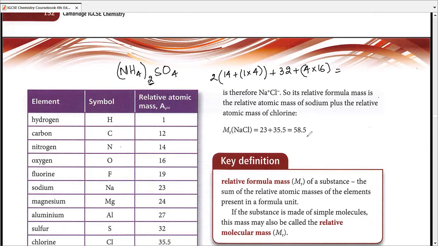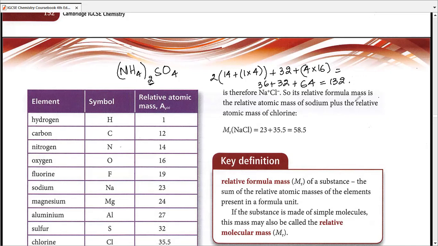That's how we are supposed to do it. So 4 plus 14 is equal to 18, multiplied by 2 is equal to 36. So this is 36 plus 32 plus 64, the answer to which is right. Easy.